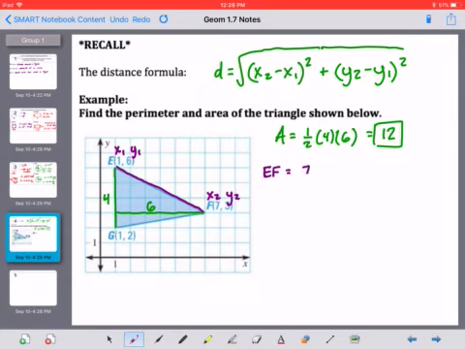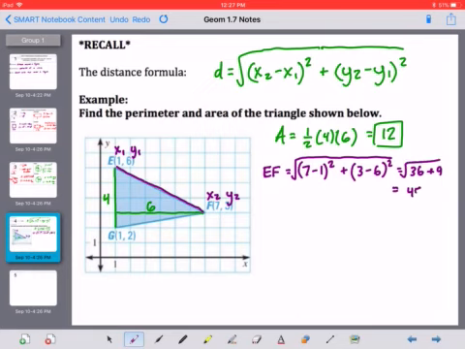So I've got 7 minus 1 squared plus 3 minus 6 squared, and then we take the square root of the whole thing. That would be 6 squared, which is 36, and then negative 3 squared would be 9, and 36 plus 9 is 45, so the square root of 45, if you plug that into a calculator, is about 6.7.